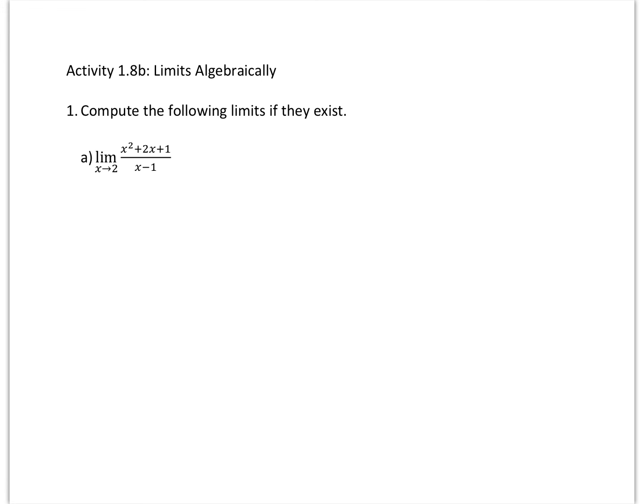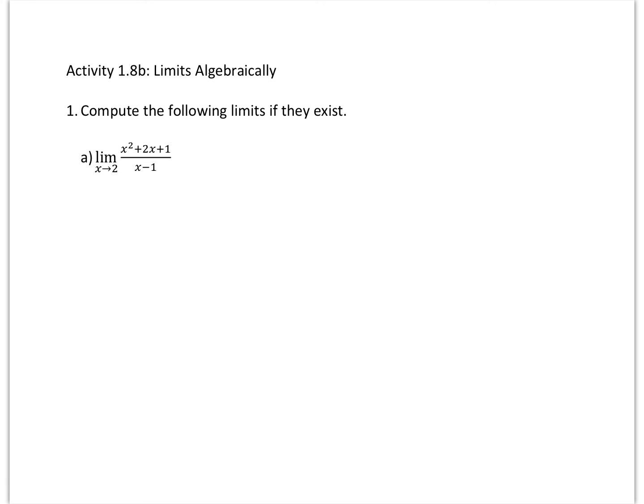Okay, the limit as x approaches 2 of x squared plus 2x plus 1 over x minus 1. First thing we should always try is to just plug in the x value that I'm taking the limit for, x approaches 2. The only time that's not okay is if you get a 0 in a denominator.